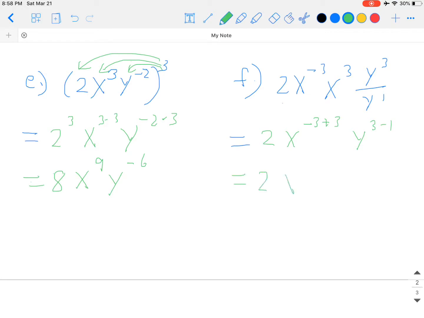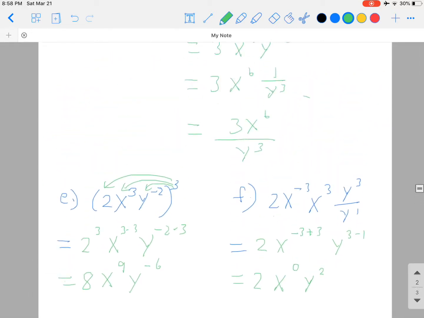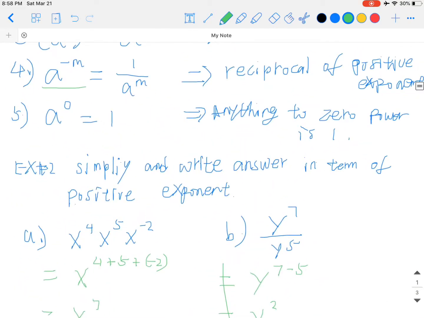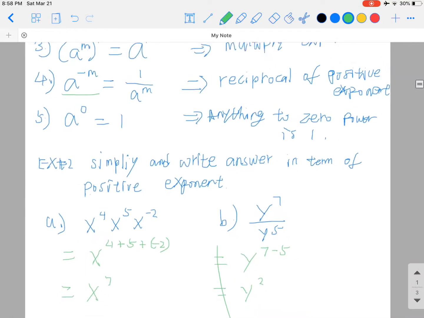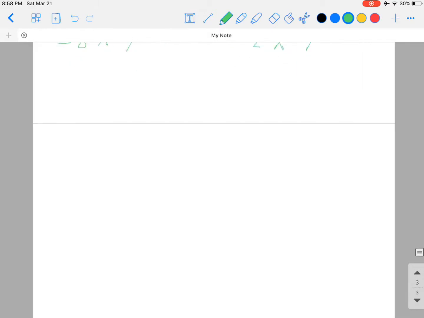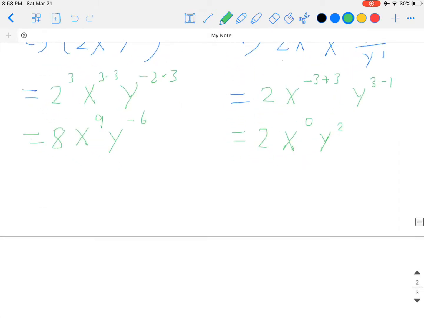You have 2 x to the negative 3 plus 3, 0. y, 3 minus 1, 2. And remember, for rule number 5, a to the 0 is 1. Anything to the 0 power is 1. So x to the 0 means 1. So it becomes 2 times 1 times this. And we have 2 y squared.